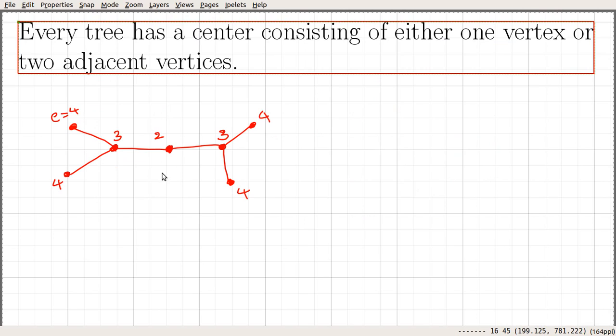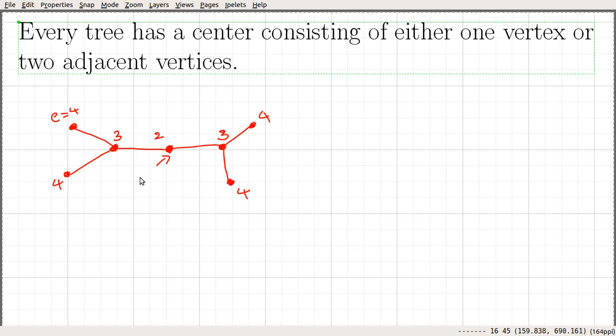The proof idea is as follows. If you look into this particular graph, this is the central vertex, the center of this graph. Here we can observe something important.